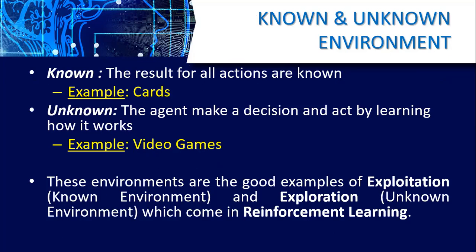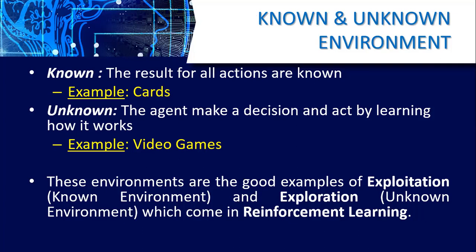Known versus unknown environment. The result of all actions will be known in a known environment. Example, playing cards. If the agent is choosing a card or dropping a card, for each of those actions, the possible output can be predicted by the AI agent.